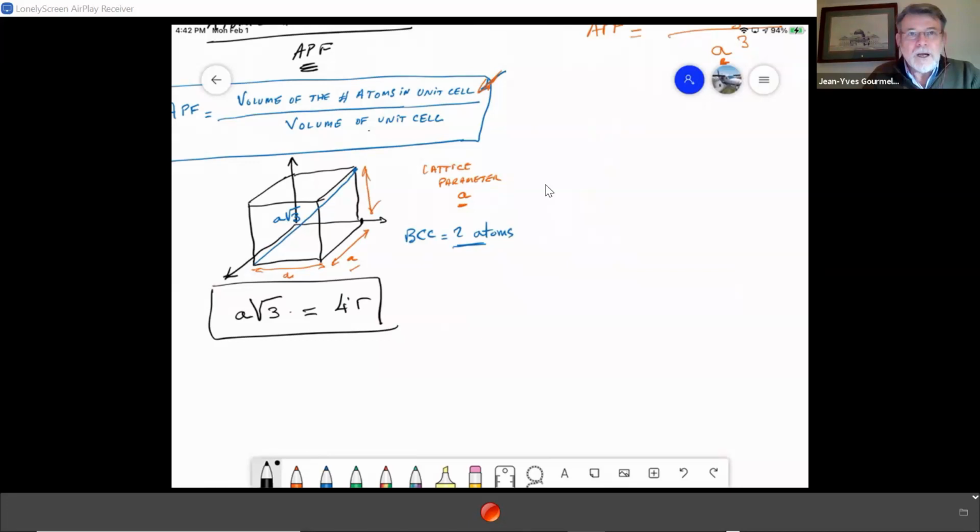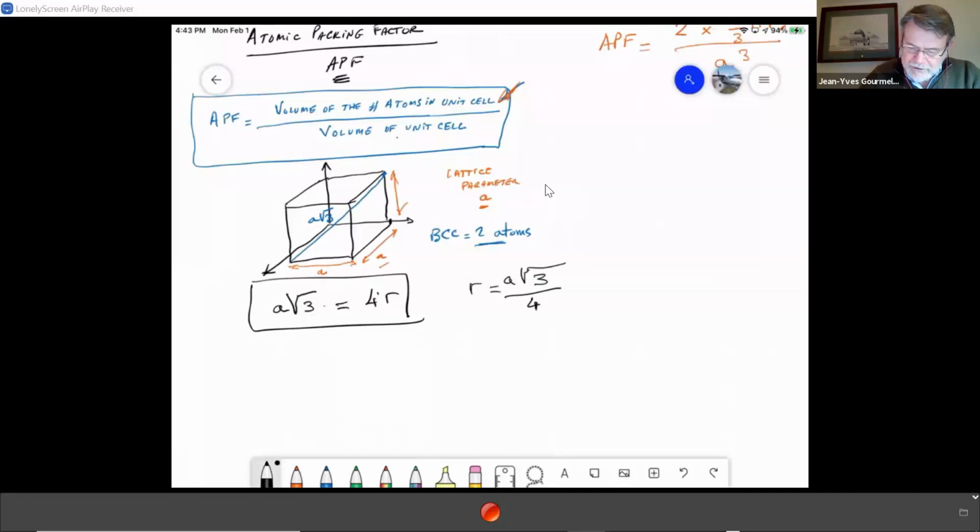So you see the numerator here has R cubed. We are going to solve for R. It's A root 3 divided by 4, right? So what's R cubed going to be here?